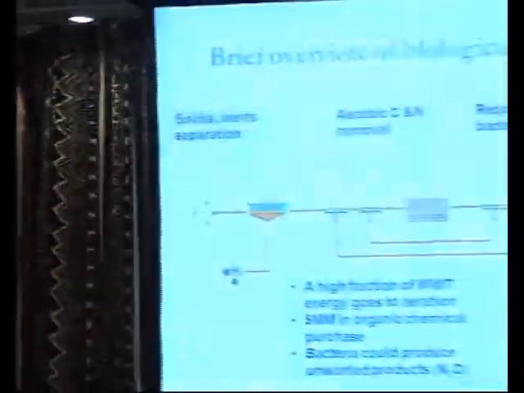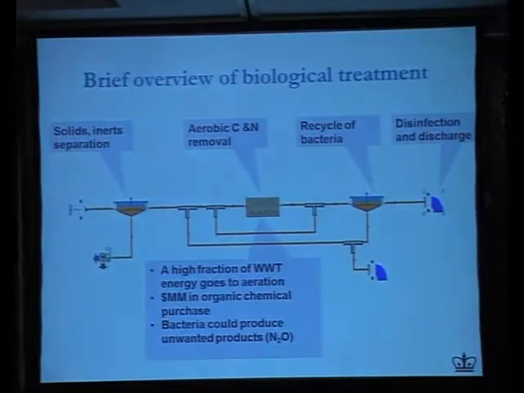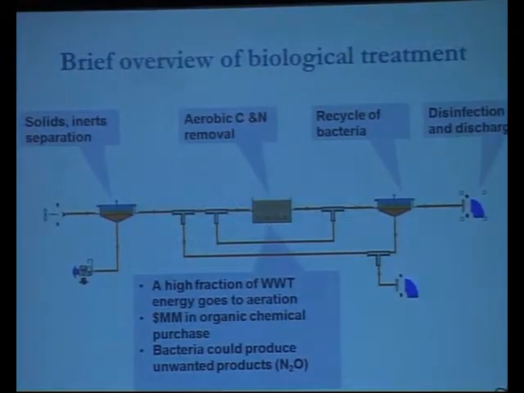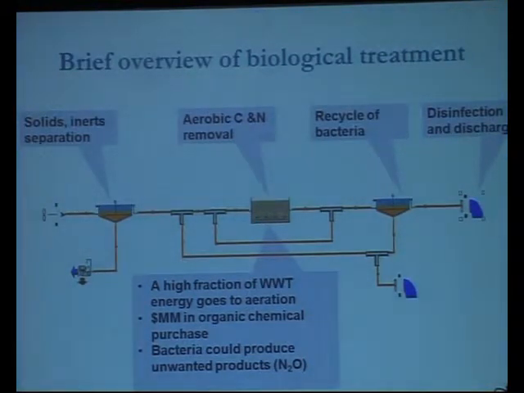But the important thing to recognize is that this particular process, where we have put in all the energy, money, and resources to oxidize the carbon and oxidize the nitrogen, takes up 60 to 70% of a centralized wastewater treatment plant's energy footprint. So of that 6 to 8% of the national energy footprint, the majority goes into this reactor where we are primarily oxidizing the carbon and oxidizing the nitrogen.